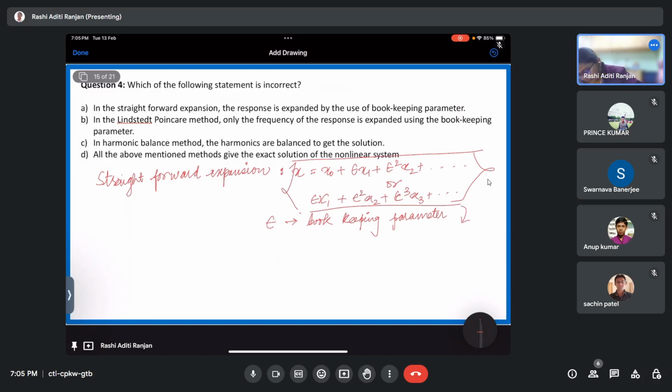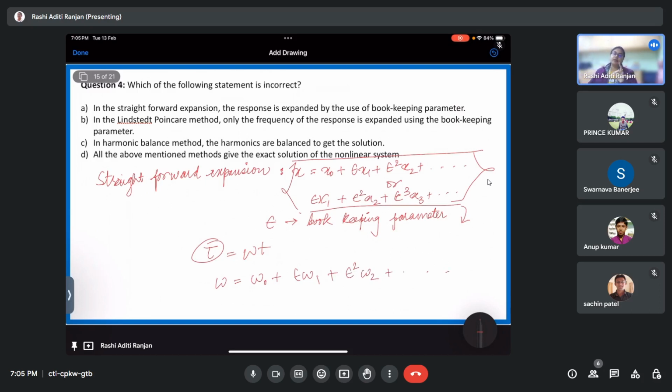We assume that there exists a tau, which is a non-dimensional time, written as omega t, right? And then we expand the frequency omega by using the bookkeeping parameter. We define omega as omega naught plus epsilon omega 1 plus epsilon square omega 2, and likewise we expand. So up till now, the statement seems correct.